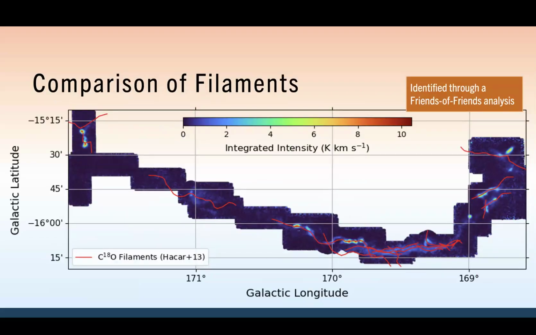So moving on to this comparison of filaments. I started with these C18O filaments, an isotopolog of CO that is able to get us to slightly higher densities than CO, because this 18 oxygen is not nearly as abundant as 16 oxygen, so we're able to have lower optical depths.